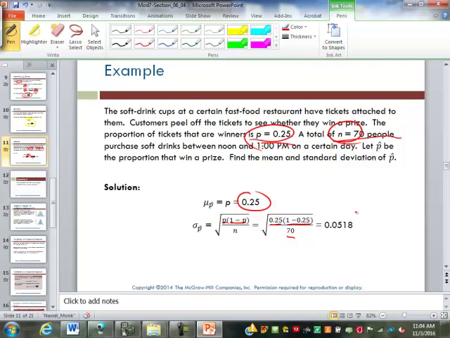Notice that is going to be considerably smaller than the standard deviation of individual values. The standard deviation of individual values would be the square root of n times p times 1 minus p.